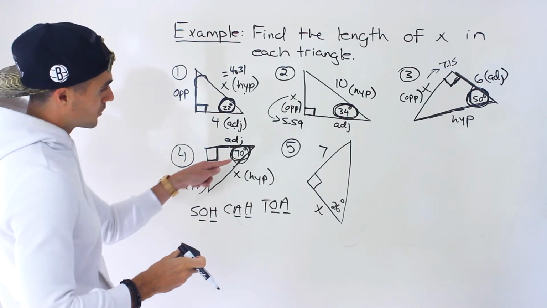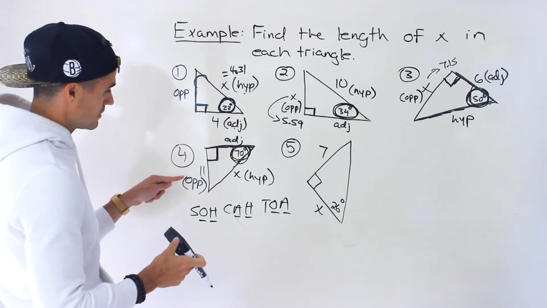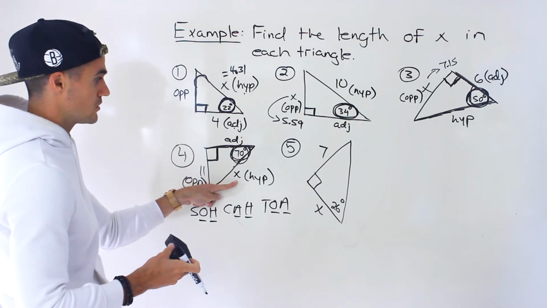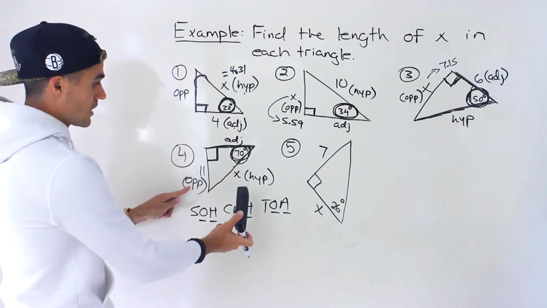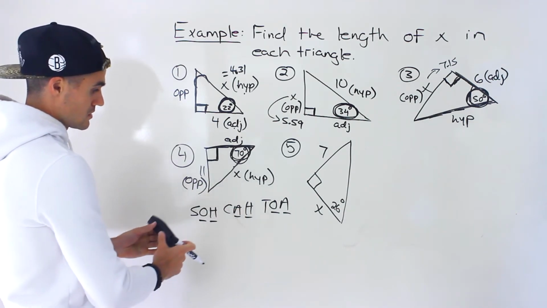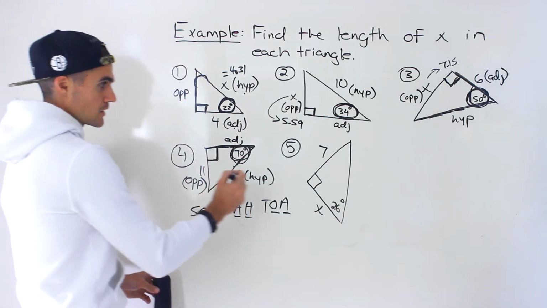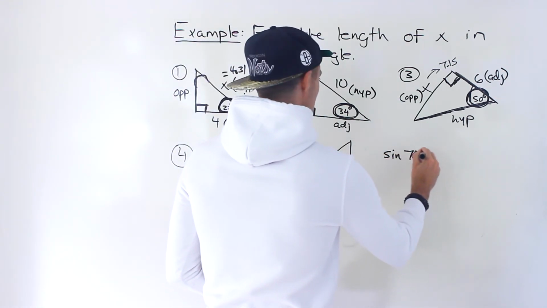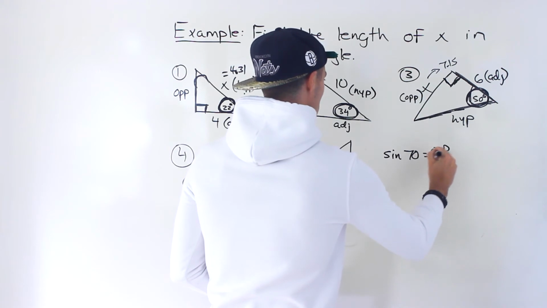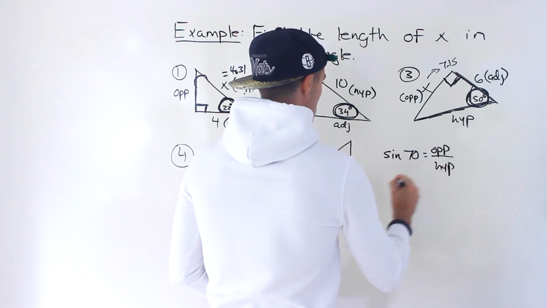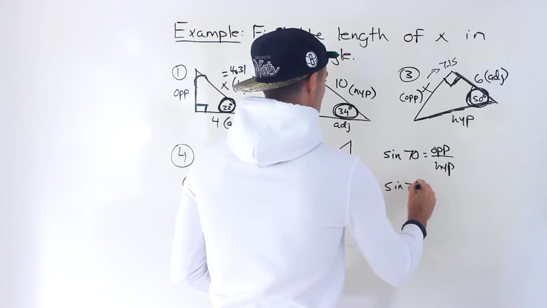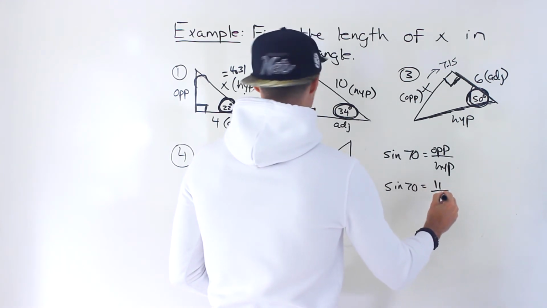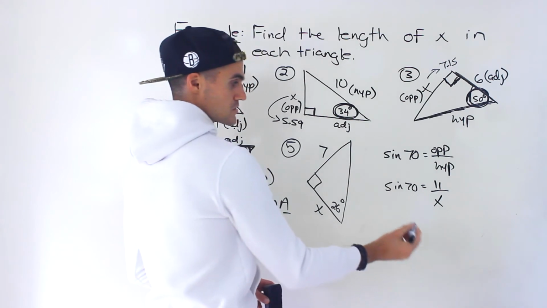So notice what we're working with is the angle, the opposite side, which we're given as 11, and then we're solving for the hypotenuse. Which ratio deals with the opposite and the hypotenuse? The sine ratio. So we can go sine of 70 equals the opposite over the hypotenuse. So we'll have sine of 70 equals 11, the opposite side, over x, the hypotenuse, which is what we're solving for.